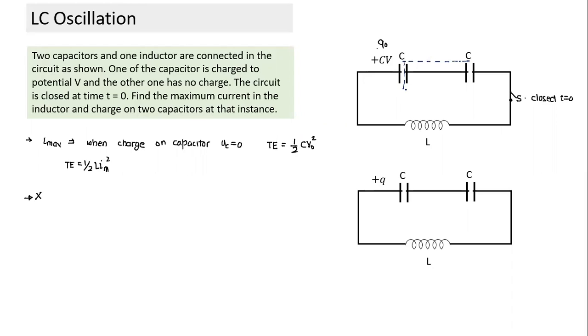If I take these two as isolated plates, the sum of the charge on the two plates will always remain constant. Since initially the charge here was equal to minus CV, at any stage the sum of the charge on these two plates has to remain equal to minus CV.